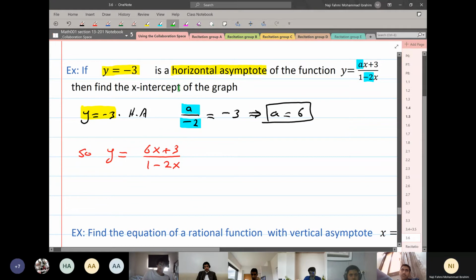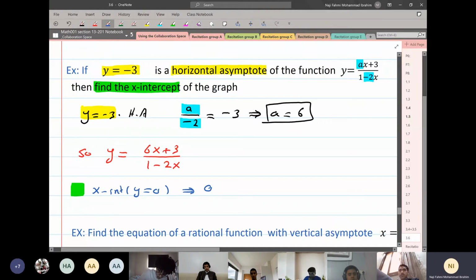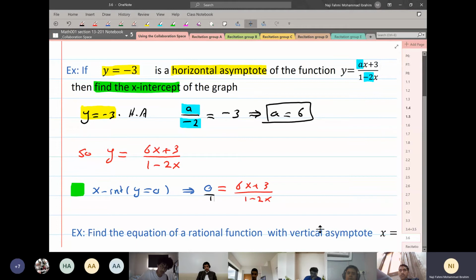Find the x-intercept of the graph. And the x-intercept, how can I find it? Replace y with 0. So if we replace y by 0, what do we get now? 0 equals (6x plus 3) over (1 minus 2x). Can I say 0 is 0 over 1? Yes. And we can cross multiply now.